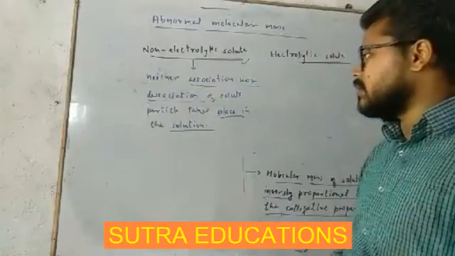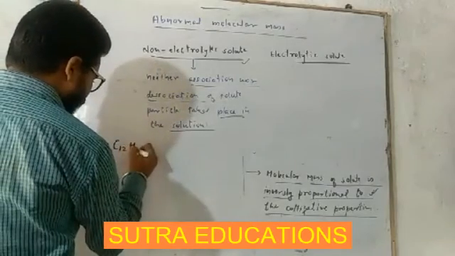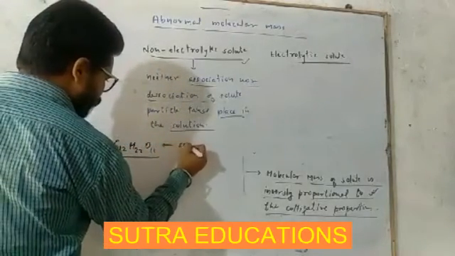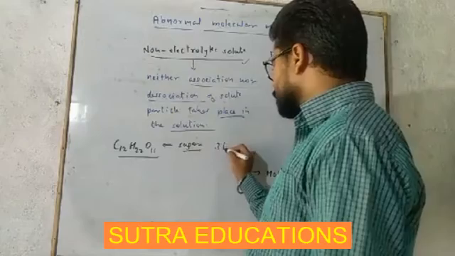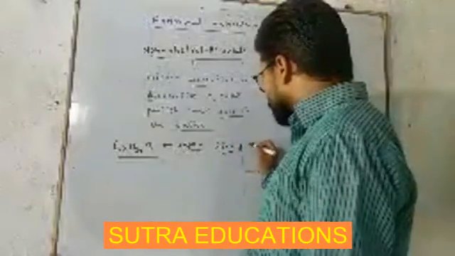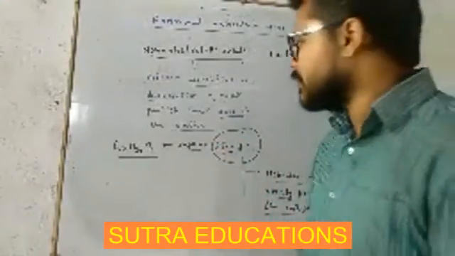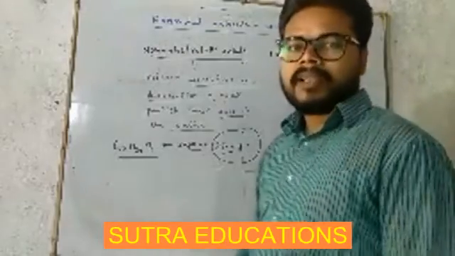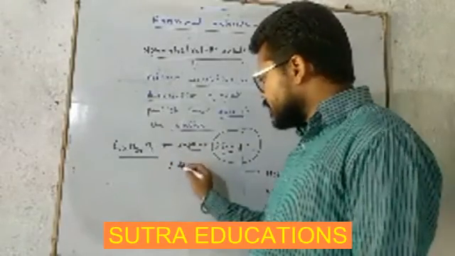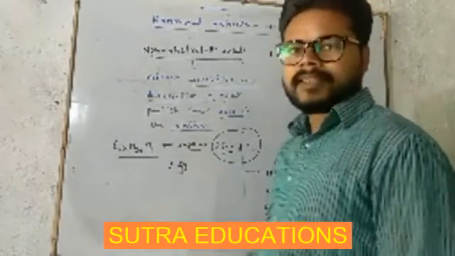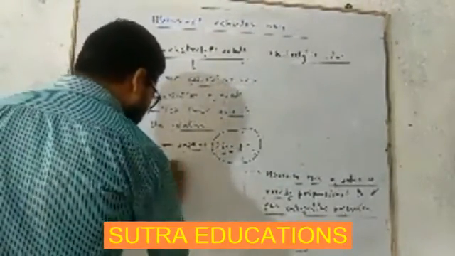For example, if it is sucrose, C12H22O11, sugar, and suppose we are taking 34.2 gram of sucrose in 1 kg solvent.